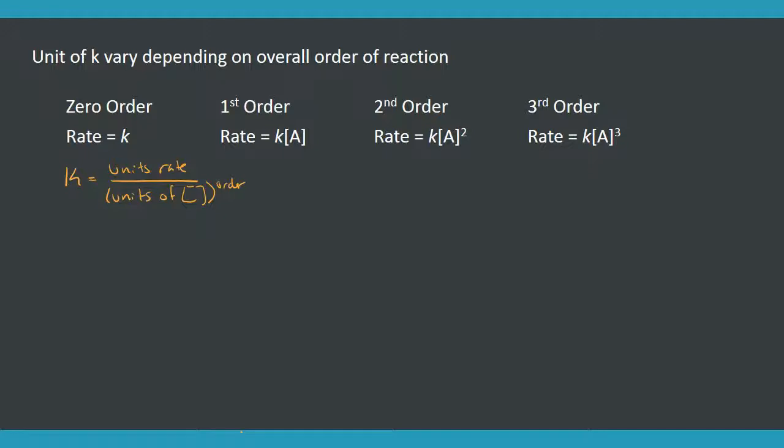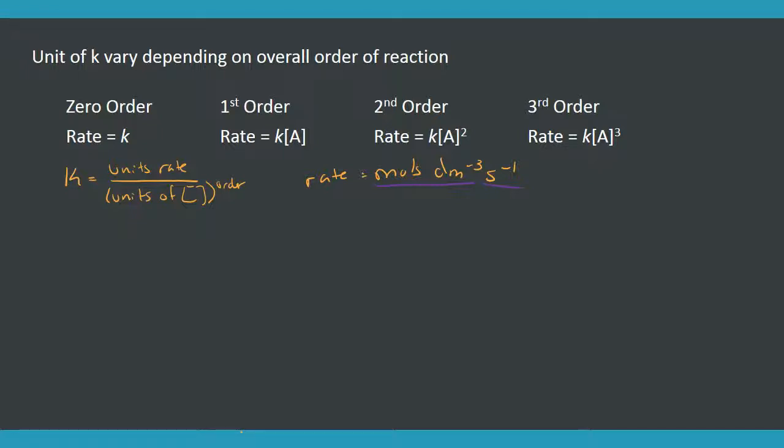Okay, so to show you, we know rate from 6.1 is moles per decimeter cubed per second. And keep in mind that moles per decimeter cubed is the unit for concentration, and it's rate because we added time. All right, so for a zero order, and that means the reactants have no effect, right?